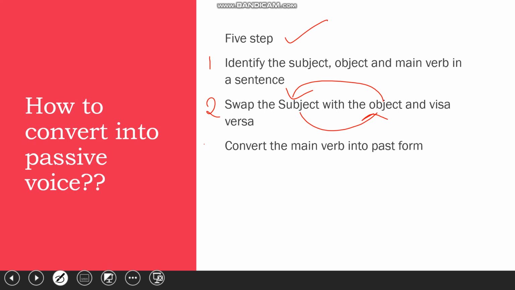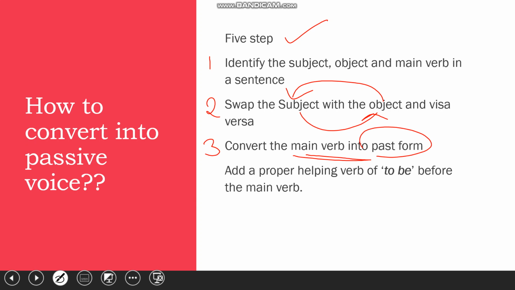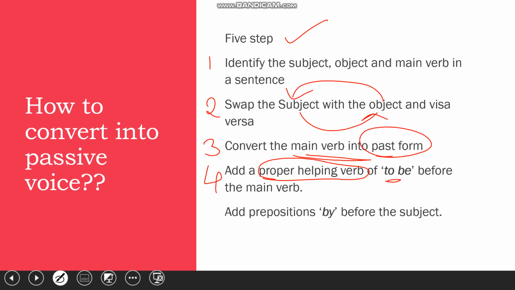But when you convert that, your main verb needs to be converted into the past participle form. You have to add proper helping verbs of to be before the main verb. The next thing that we have to keep in mind is adding the preposition by.